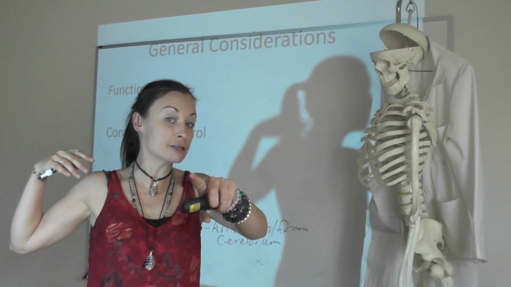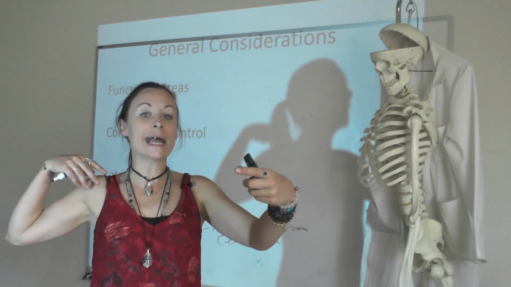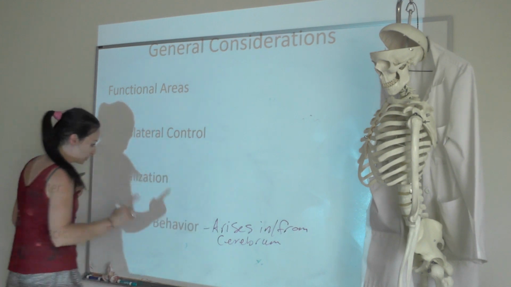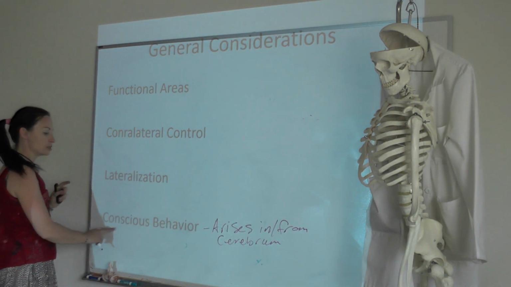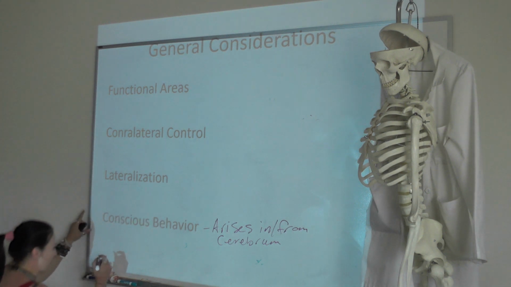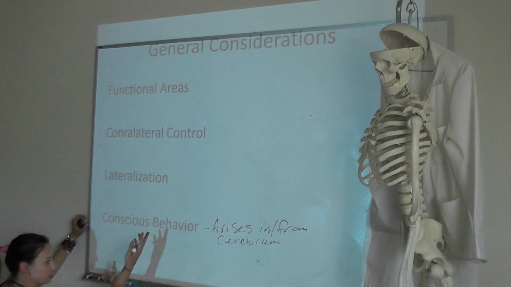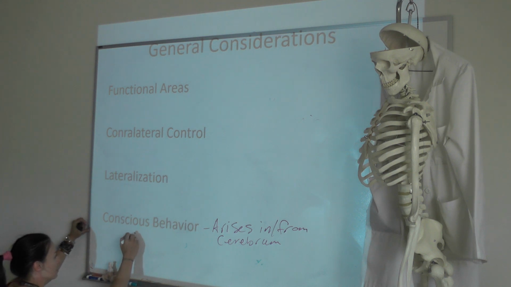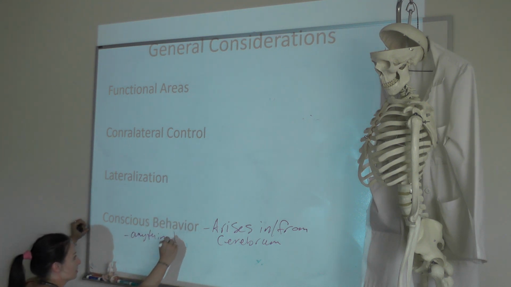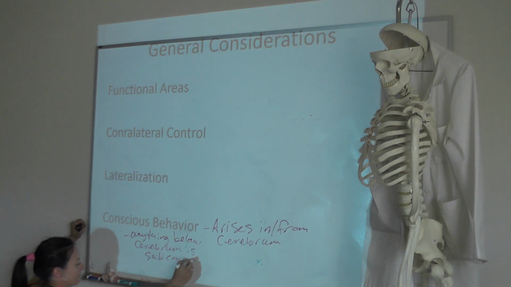So your conscious awareness or control of anything is just in those 2 millimeters of gray matter, which is pretty crazy. So conscious behavior arises in or from the cerebrum. If information doesn't make it to the cerebrum, you're not aware of it. So anything below the cerebrum is subconscious.